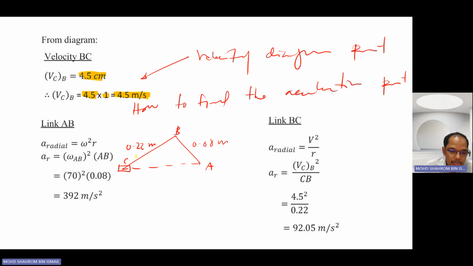So same goes, we're going to use 70 radian per second, and this time, since it is radial acceleration, the omega needs to be squared, and then you multiply by the radius, which is 0.08 meter.